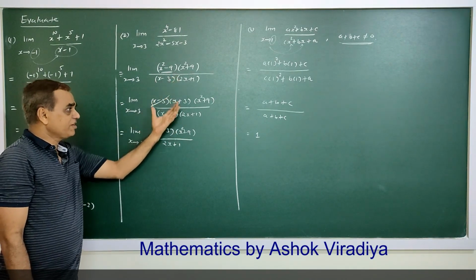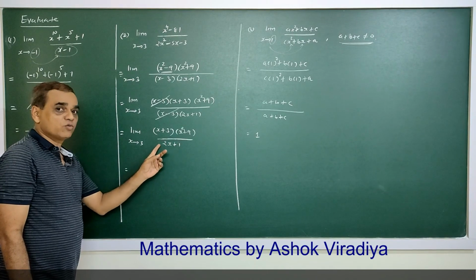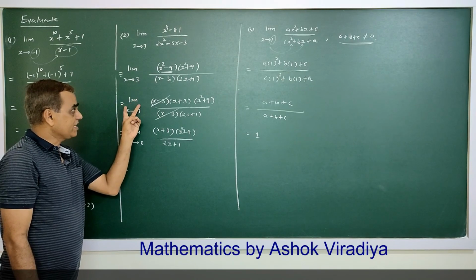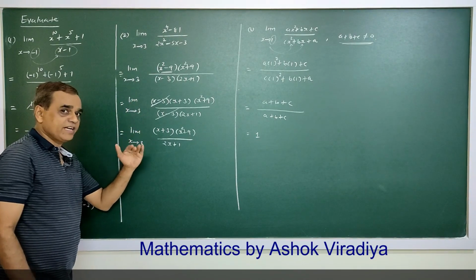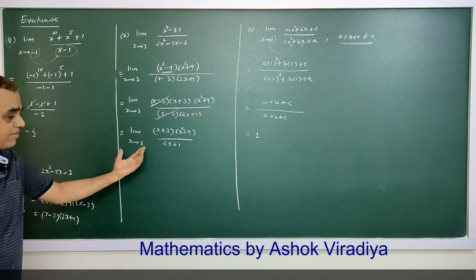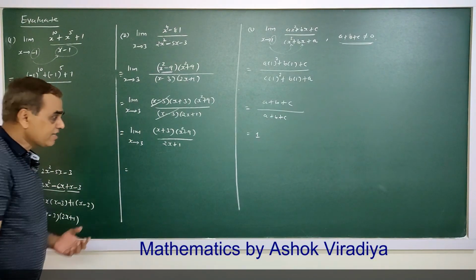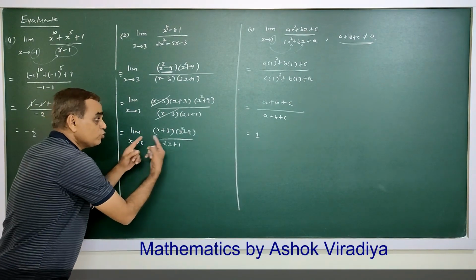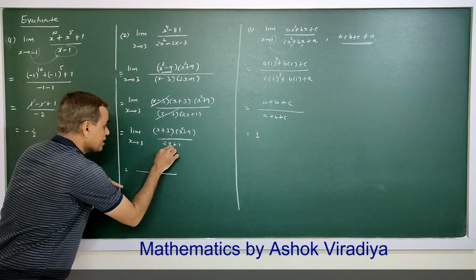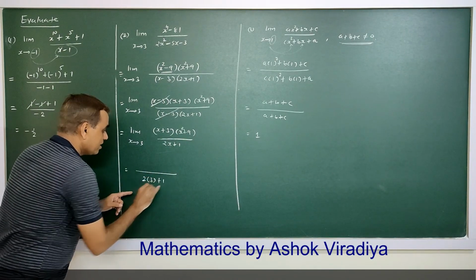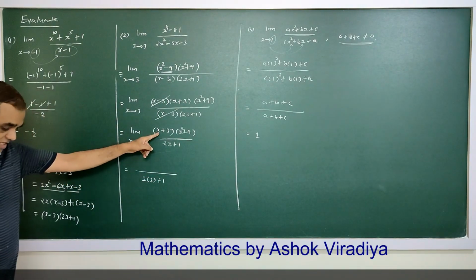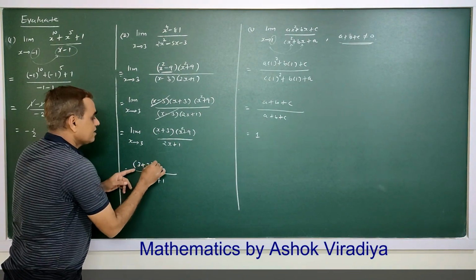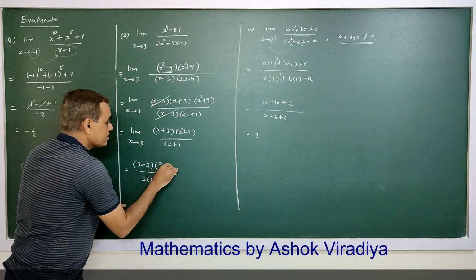So continue simplification until you get non-zero. Until that step, you continue this symbol of limit: limit x tends to 3, limit x tends to 3. Continue this symbol with every step. And then don't write this symbol when you substitute the value. So putting now x equal to 3, 2 into 3 plus 1, and 3 plus 3, 3 square is 9 plus 9.